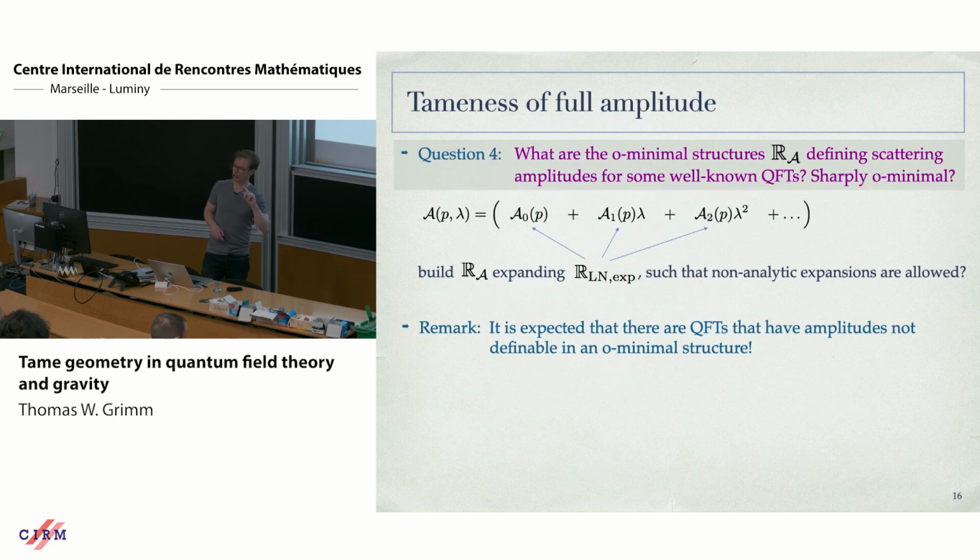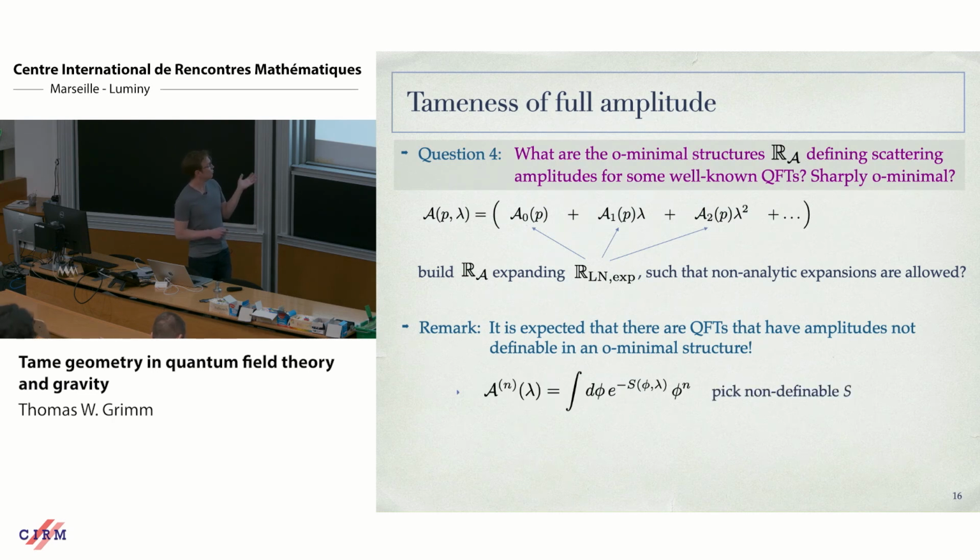So remember, I showed this only for these ALs, not for the full amplitudes. And how can you see that? You can, for example, take again these toy models and pick some non-definable S up here. Then it's not too hard to come up with something where the answer is also not definable. Okay.